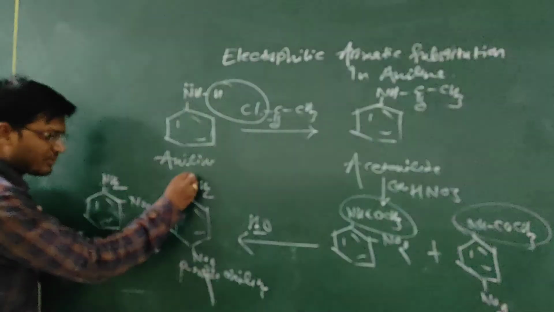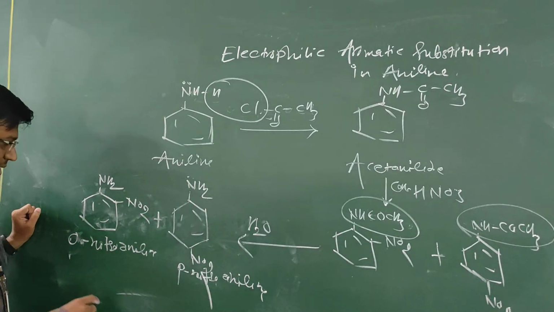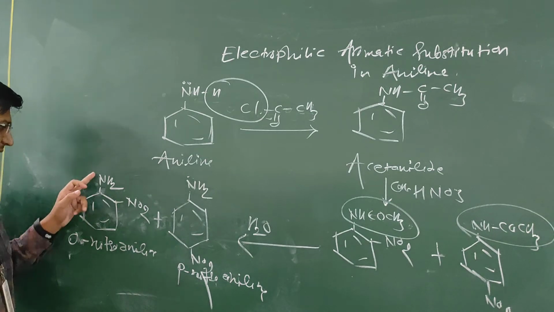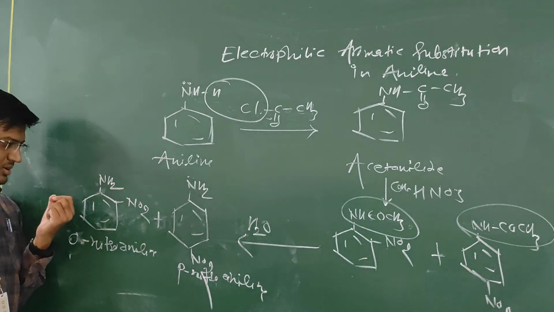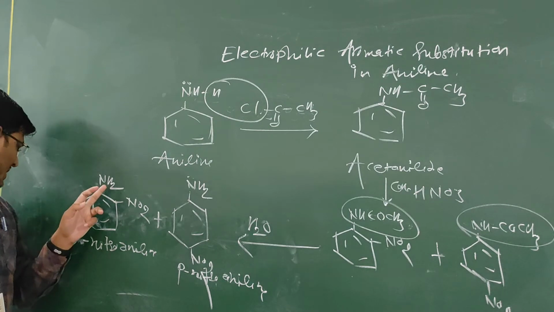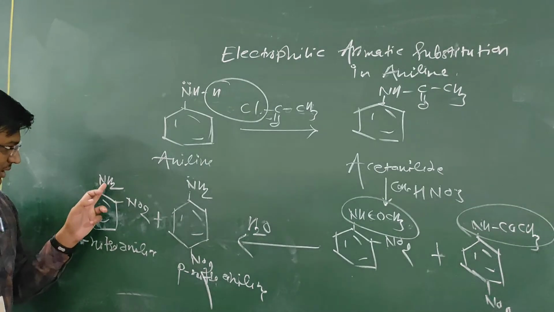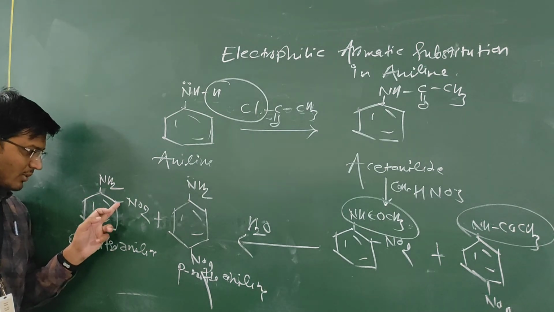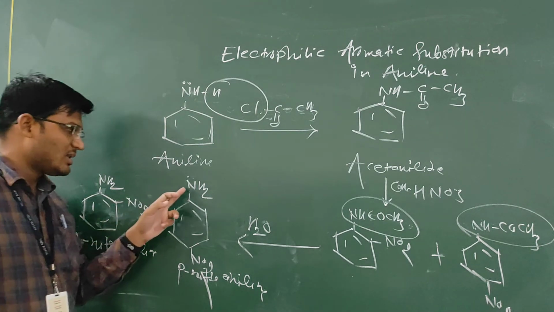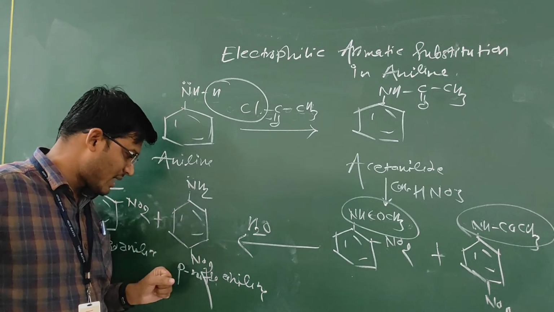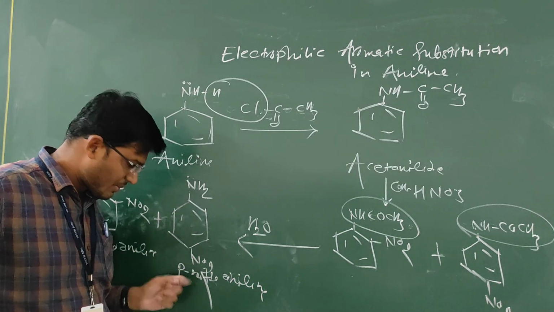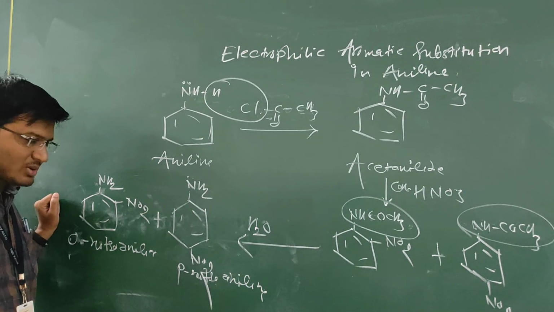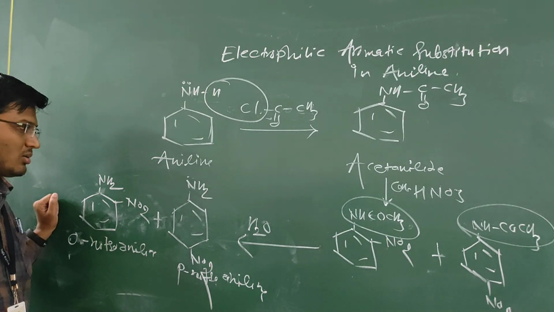When it reacts with para-nitroaniline or ortho-nitroaniline, it forms an anilinium ion in some amount. This anilinium ion decreases the electron density at the ortho position and increases it at the para position. Therefore, the para product forms in a major amount over ortho.